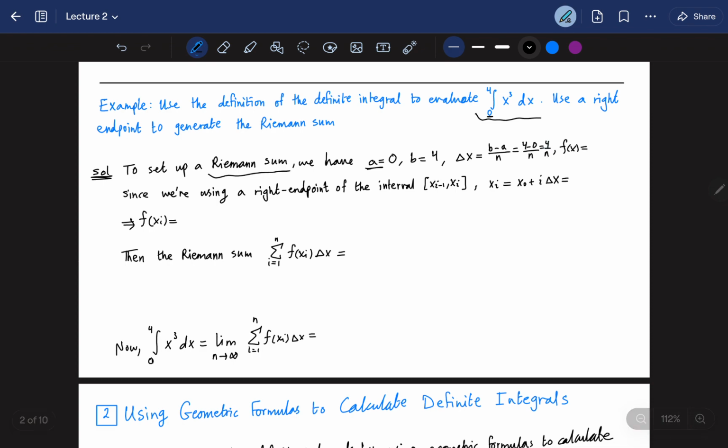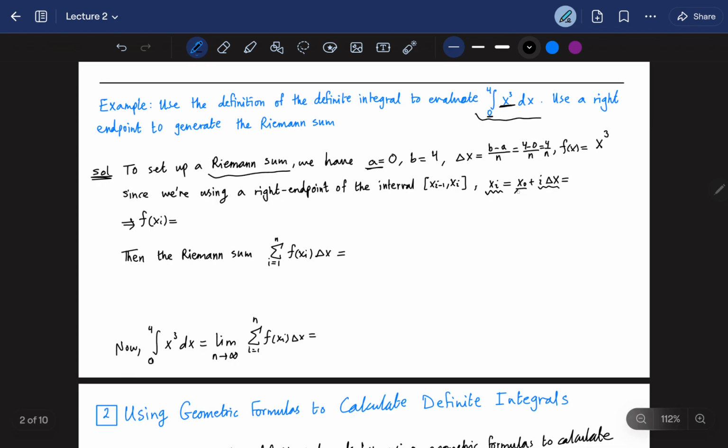Here, since we don't have a certain number n that I want to divide my area into, I just take n as general. And then my function is just x cubed, which is my integrand inside of the integral. Now, since we're using right endpoints of the interval, I'm going to find my x sub i. Also, using the formula from last video, x sub i is equal to x sub 0 plus i delta x.